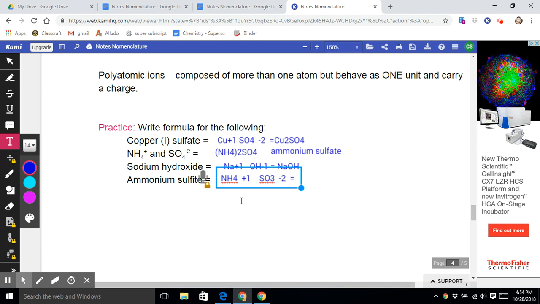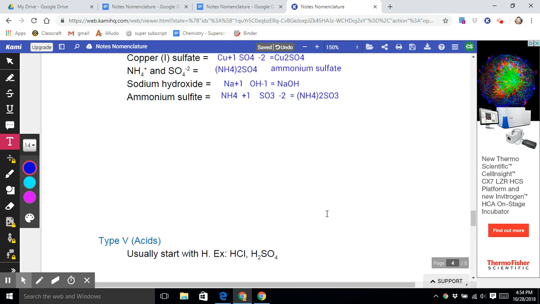That's in the polyatomics. So I have NH4 positive 1, SO3 negative 2. I'm going to take the numbers, 1 and 2, and switch over to the bottom. So I need 2 sets of NH4s and just 1 set of SO3. Don't forget to change the 4, 2, and the 3 to a little subscript on the bottom.